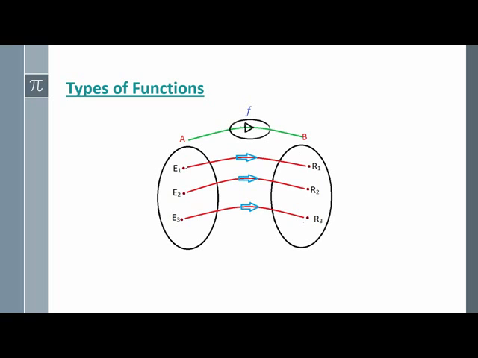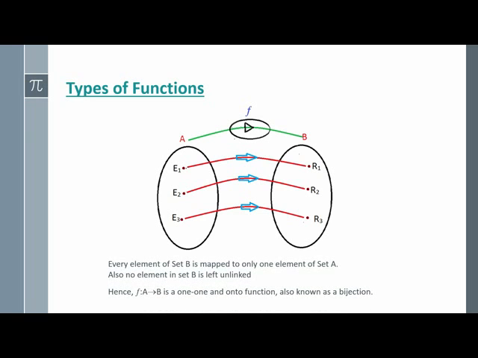Since every element of set B is linked to some element of set A, the function f is onto. Also, every element of set B is linked to only one element of set A. Hence, f is a 1-1 as well as onto function. Functions which are both 1-1 and onto, such as f, are known as bijections.